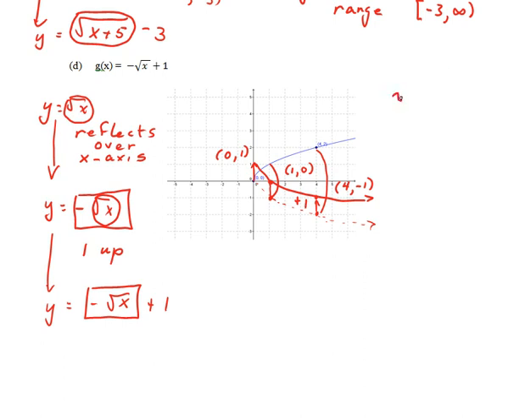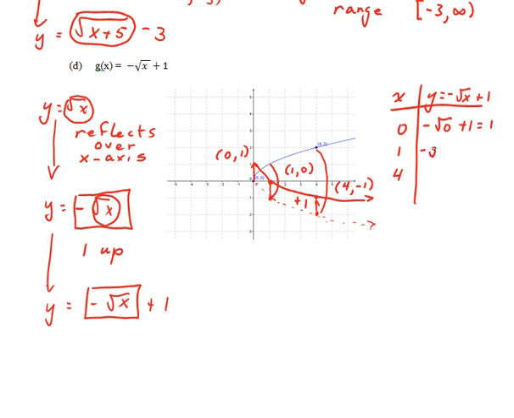So, table of values, going to y, going to the opposite of the square root of x plus 1. I'll use the x values 0, 1, and 4. So we get the opposite of the square root of 0 plus 1. 0 goes with 1.